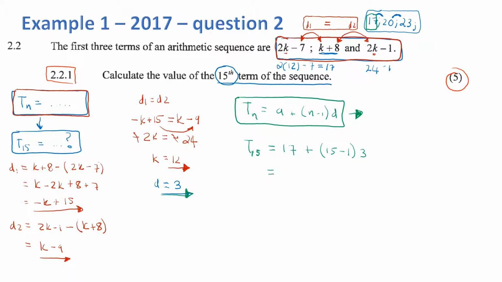So it's 17 plus 14 times 3, and that, ladies and gentlemen, is 59.